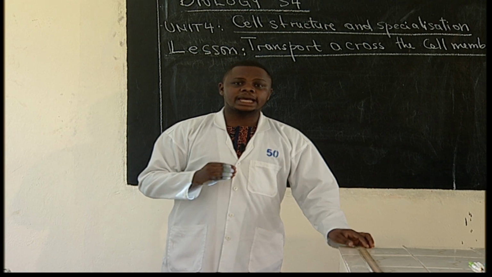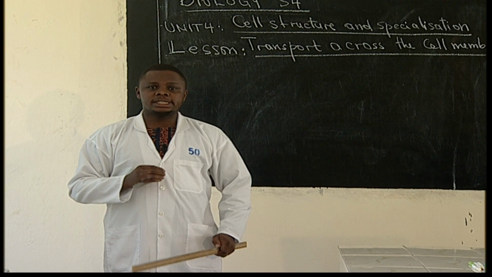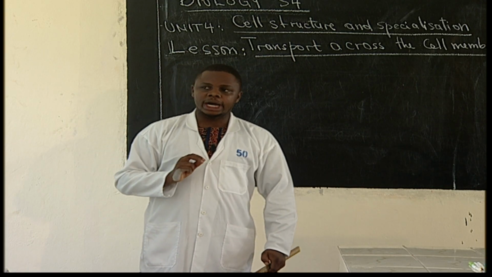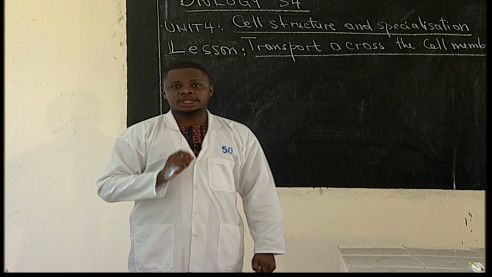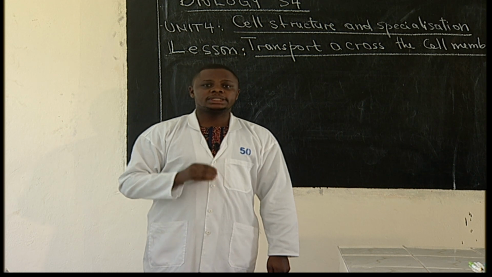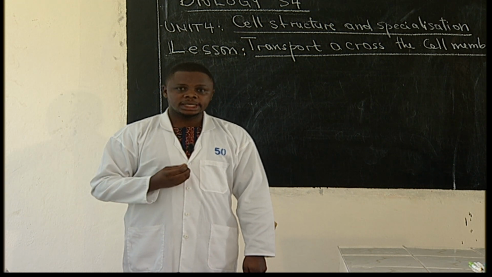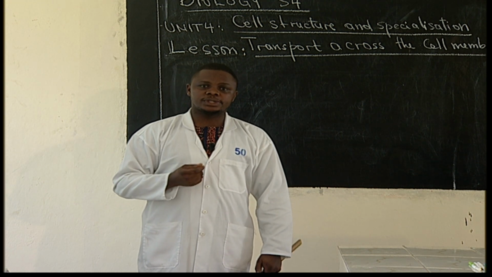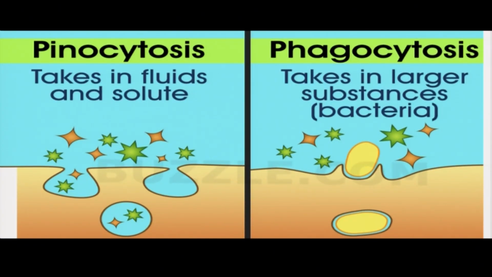We have also seen that endocytosis is divided into two other types: phagocytosis, which is called cell eating, and pinocytosis, which is called cell drinking.